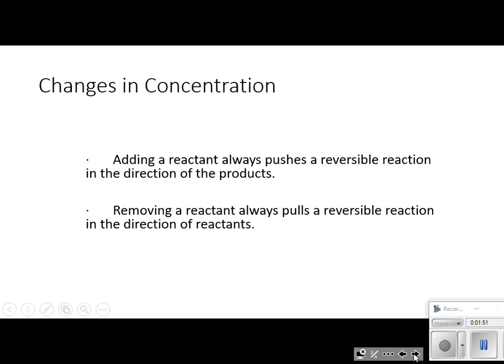Okay? So if I look at this, it says adding a reactant will push it towards the product side. Removing a reactant will pull it towards the reactant side. The same principle applies with the product.